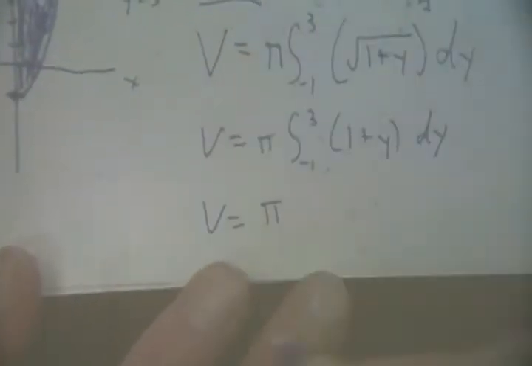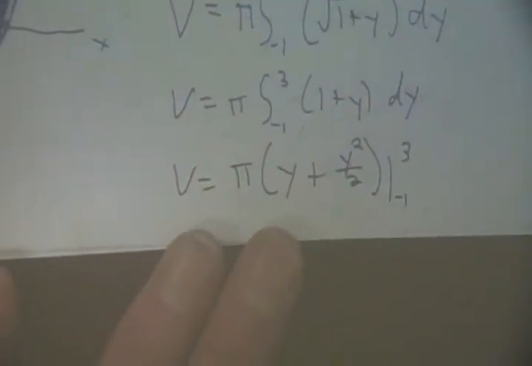So I have the antiderivative of 1 with respect to y is y, plus y squared over 2, and we're going to evaluate from negative 1 to 3. I'm going to keep pi out as a constant multiple and just perform the first fundamental theorem on what's left.